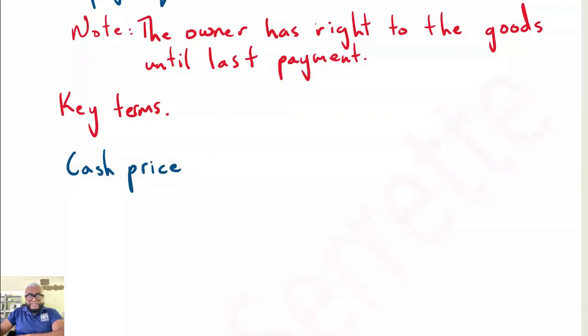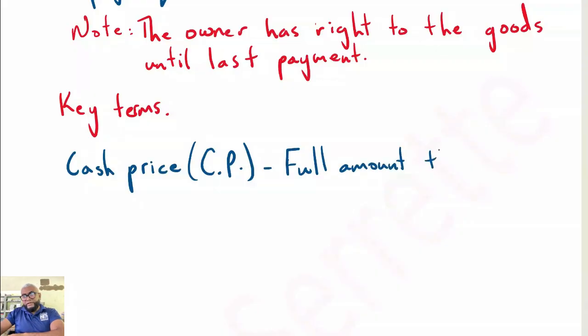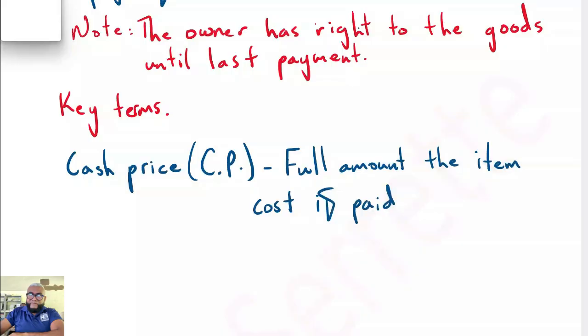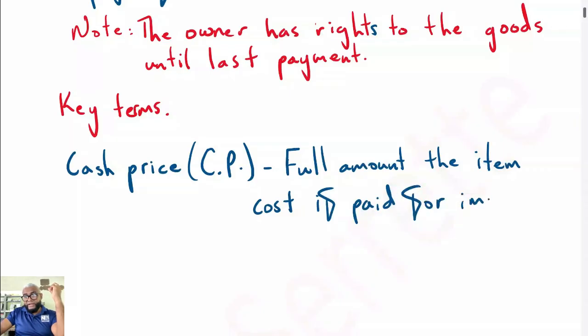So cash price, which is CP, is the full amount the item costs if paid for immediately, right?